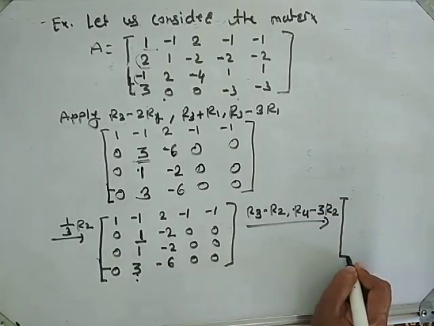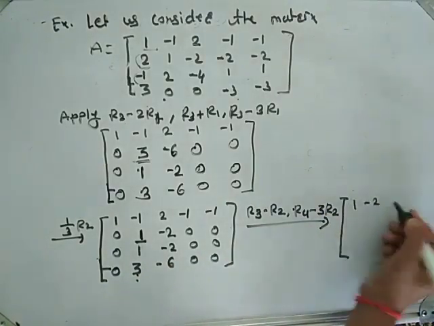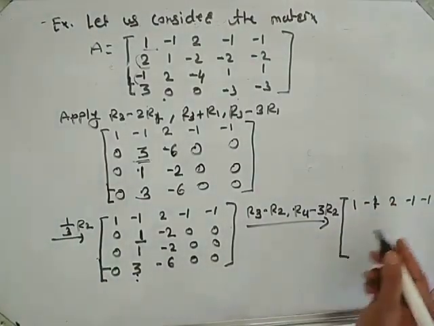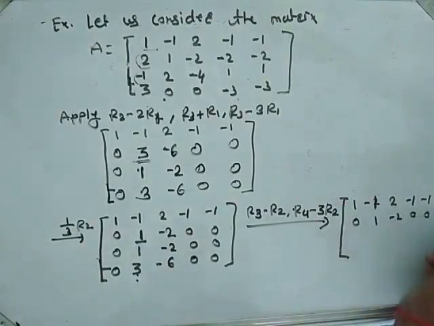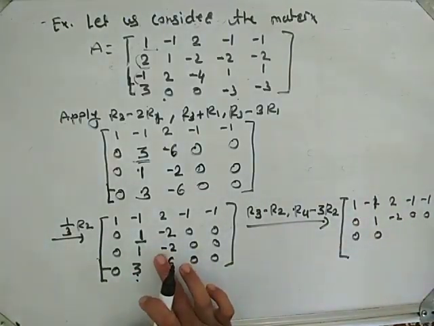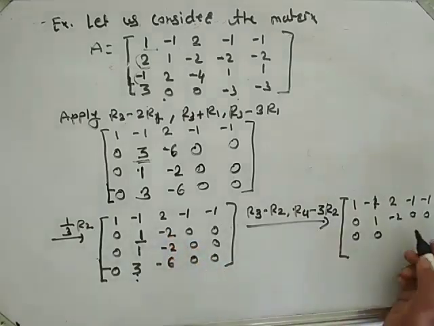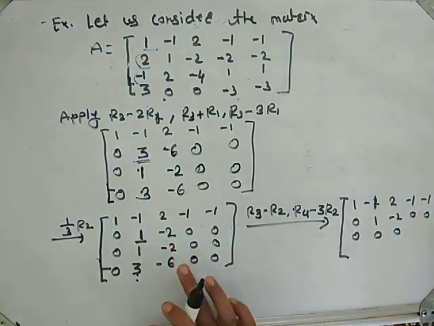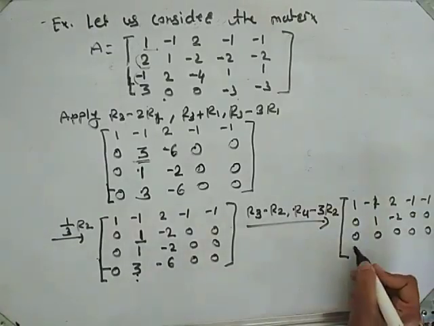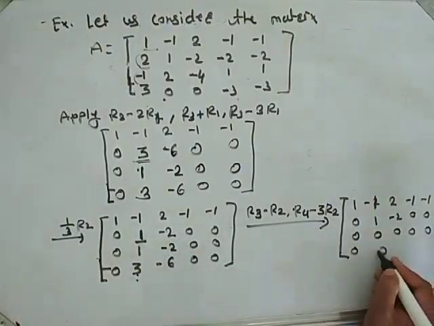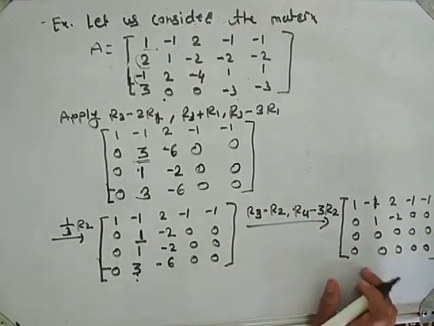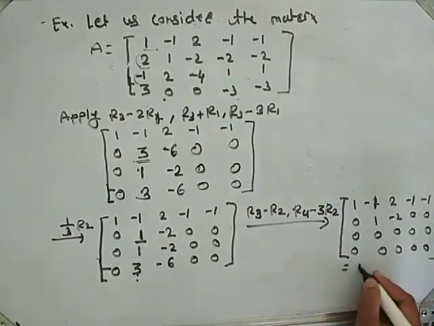Okay, so our matrix becomes 1, minus 1, 2, minus 1, minus 1; 0, 1, minus 2, 0, 0; 1 minus 1 is 0, minus 2 plus 2 is 0; next is 0 minus 0, this is 0, 0; 3 minus 3 is 0, minus 6 plus 6 is 0, and 0, 0, 0. Okay, suppose this matrix is R dash.